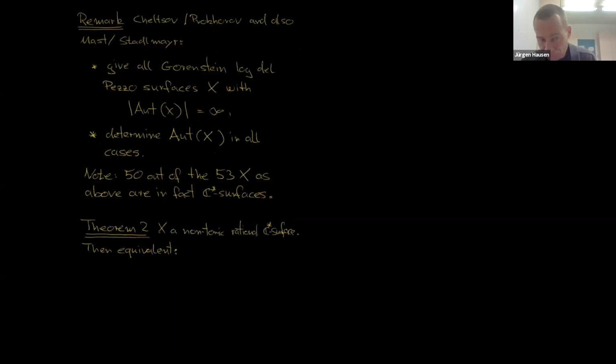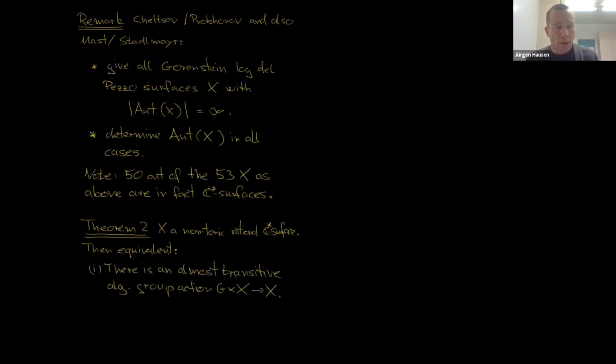An application. I'm interested in almost homogeneous surfaces. That means surfaces that admit a group action having an open orbit. They're also called almost transitive group actions. So three equivalent statements. The first one is there is an almost transitive algebraic group action.